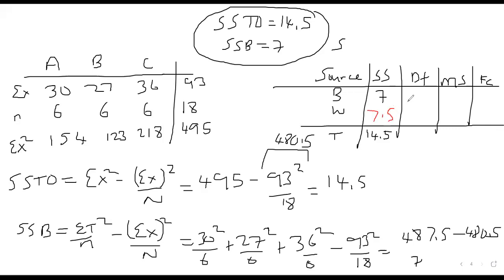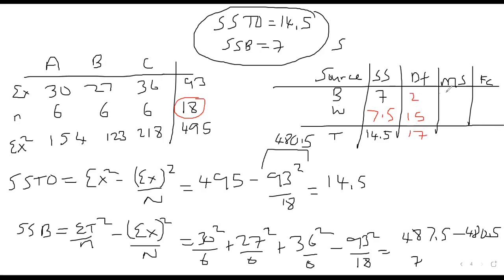Then our degree of freedom, k minus 1, how many? What is our k here? The number of columns, how many are they? 3. 3 minus 1? 2. Okay. 18 minus 3. What do we get? 15. And in total, actually, we get 17.